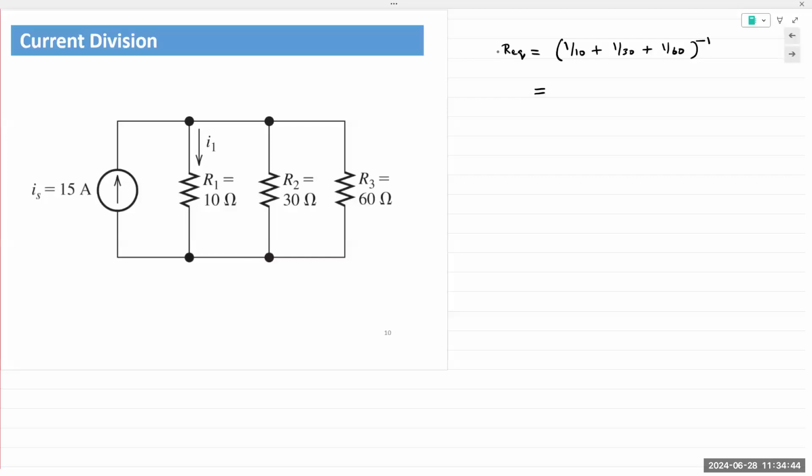One over 10 plus 1 over 30 plus 1 over 60. What do you have? 0.15. Anyone seconded, thirded? 0.15.